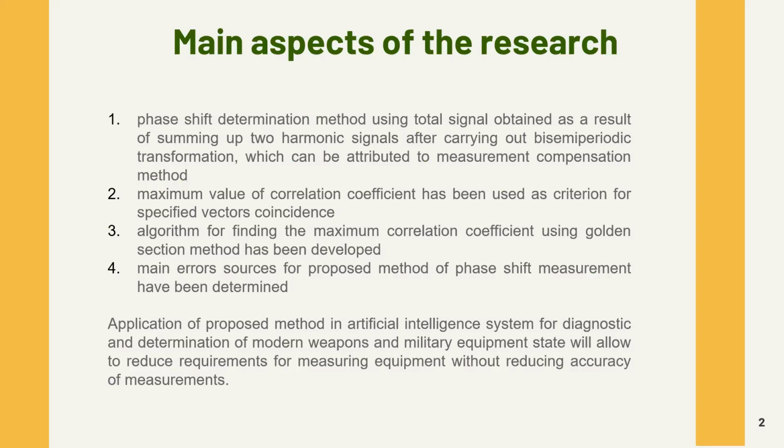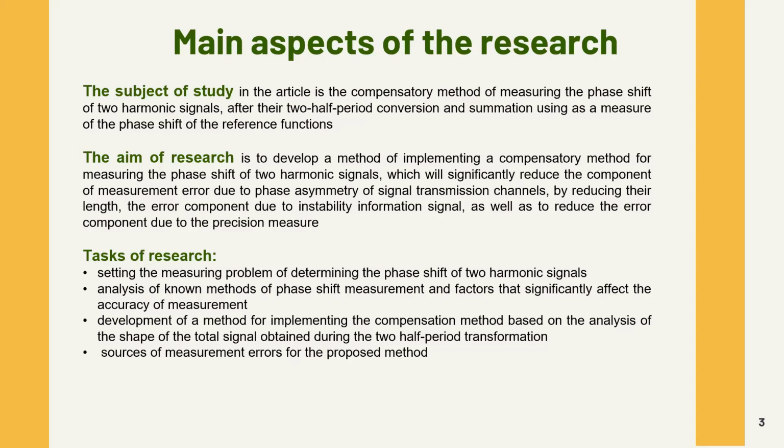The value of phase shift is determined by comparing the vector obtained after amplitude-time analog-digital conversion of the total signal with a set of reference function vectors. The maximum value of the correlation coefficient is used as the criterion for coincidence of the vectors.